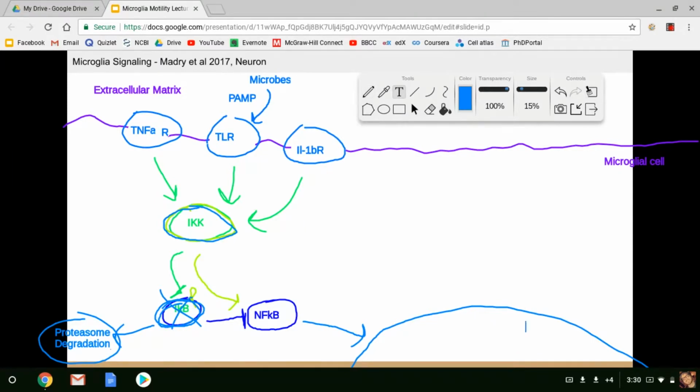This will be our nucleus. NF kappa beta is a transcription factor that will move to the nucleus and influence gene expression. I won't go into the specifics. I'll just say NF kappa beta gene expression. It upregulates proinflammatory proteins.